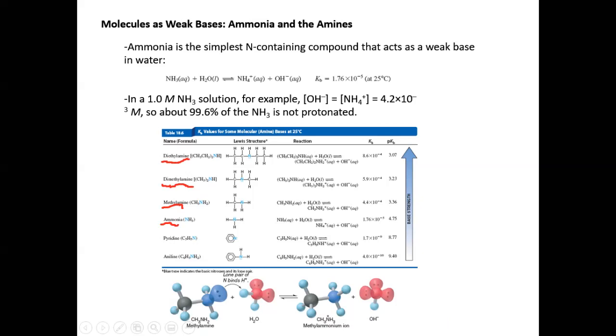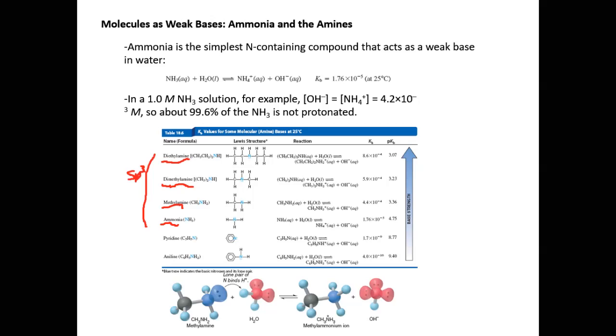Because they both, and even methylamine, and ammonia, let's look at these. Ammonia, methylamine, dimethylamine, and diethylamine have what type of hybridization? And you should know this. 4 electron pairs is going to be sp3 hybridized. So all of these are sp3 hybridized.